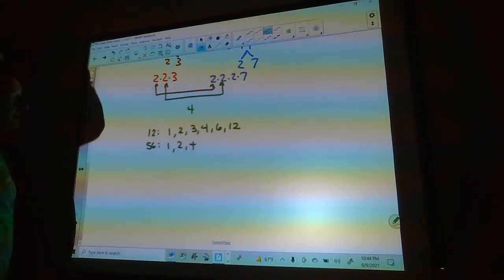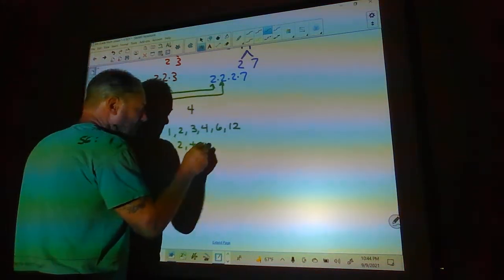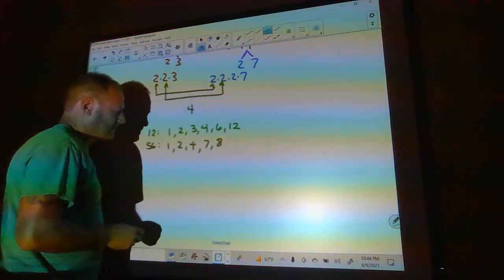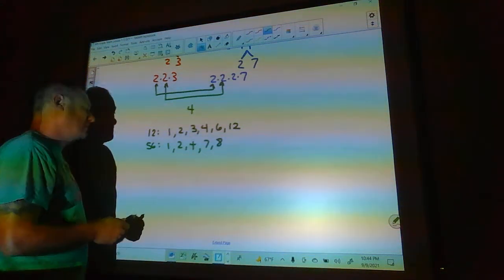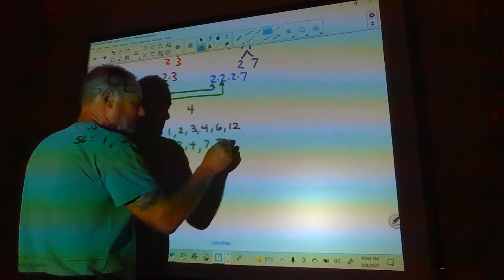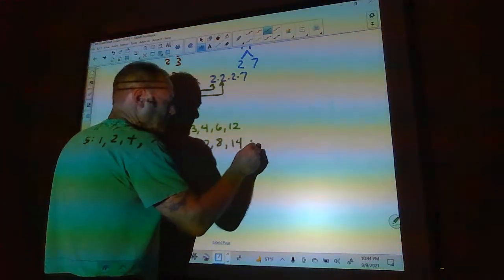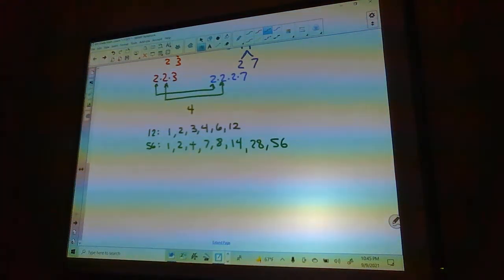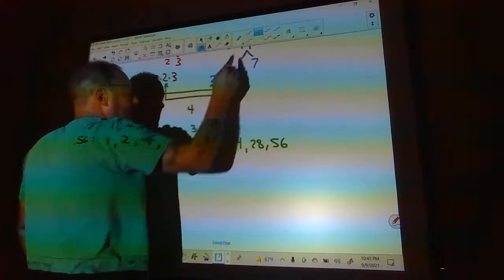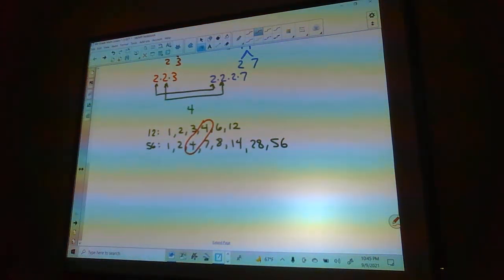Times, let's see, 5 won't, 6 won't, 7 times 8 is 56. Let's see, 4 times 14 is 56, 2 times 28, and 1 times 56. So there's all my factors, okay, and the biggest one that they have in common, right there is 4. So it worked.